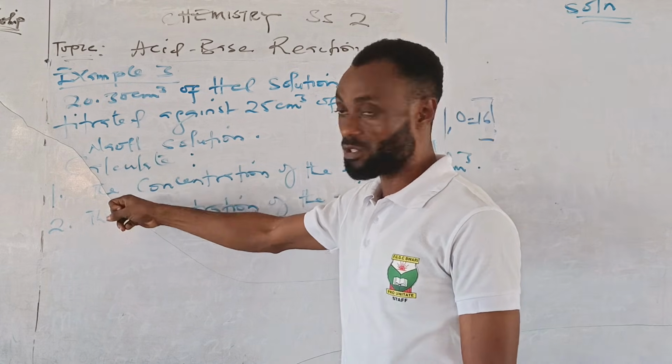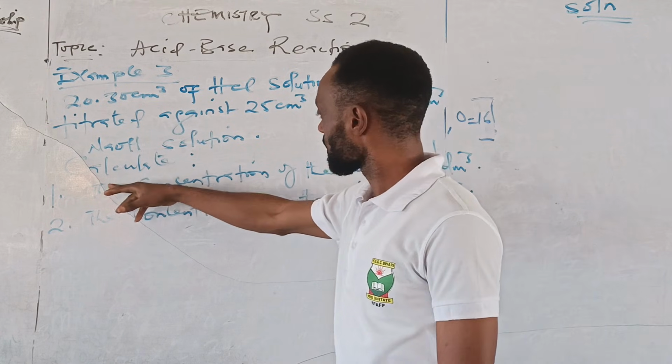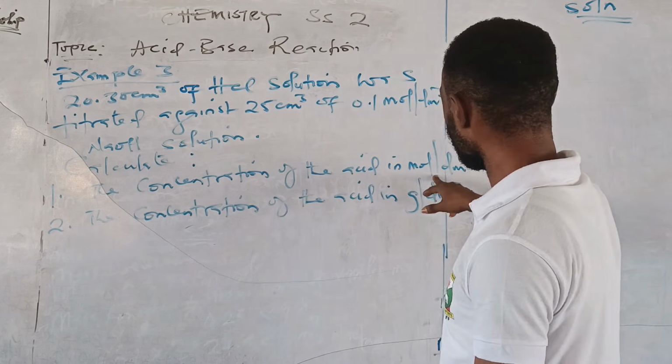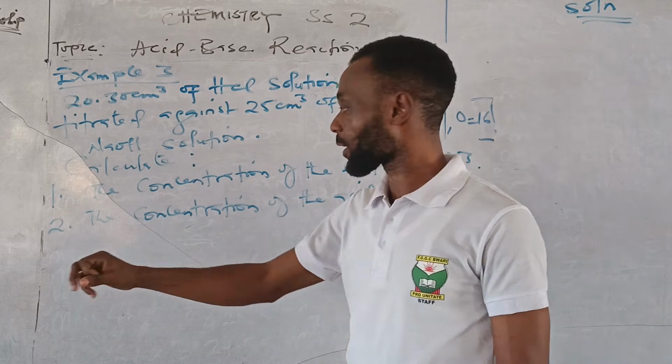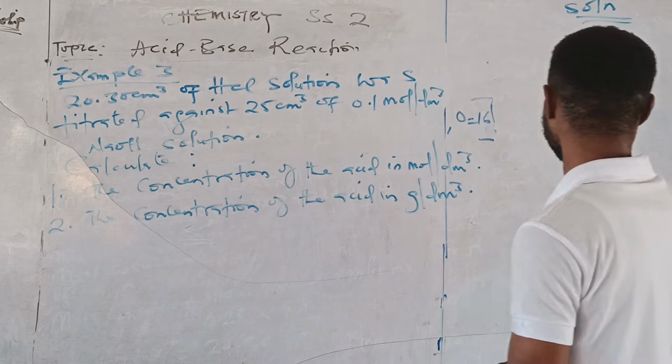Now we are given two questions to calculate. The first question says calculate the concentration of the acid in mole per dm cube, and the second one says the concentration of the acid in gram per dm cube.